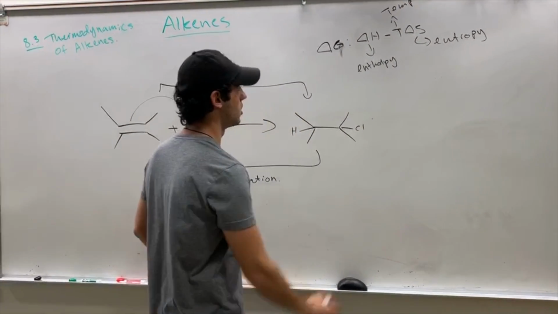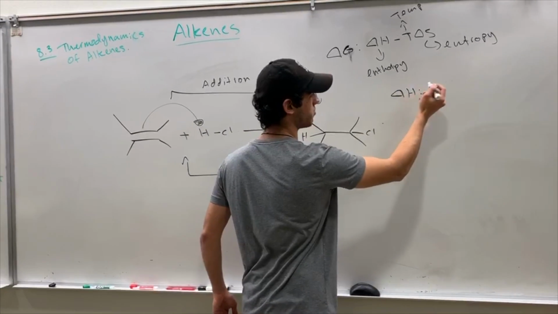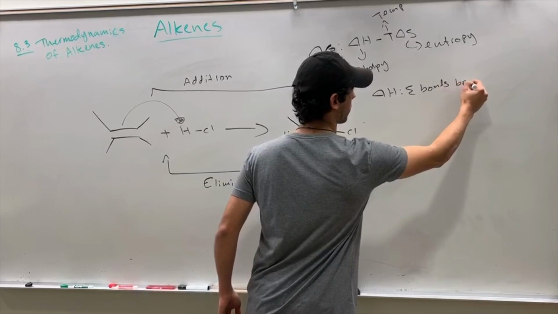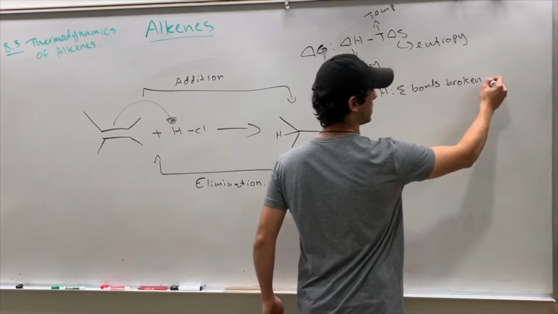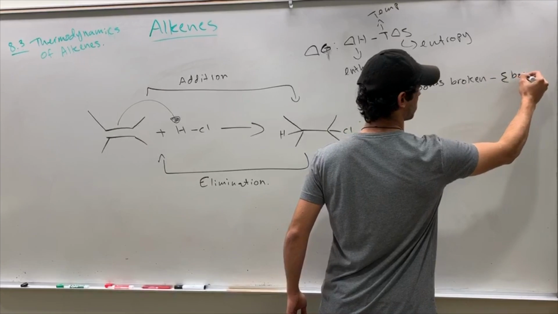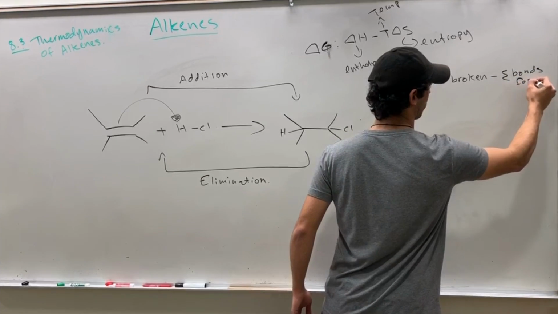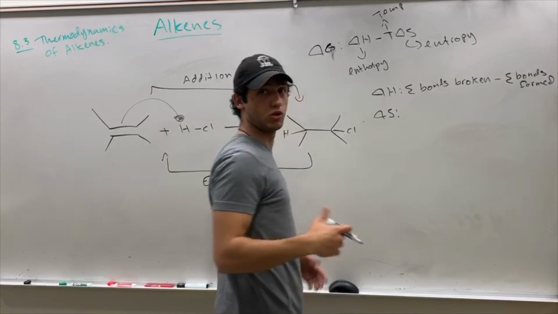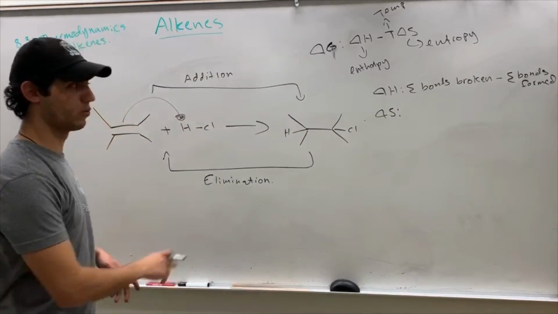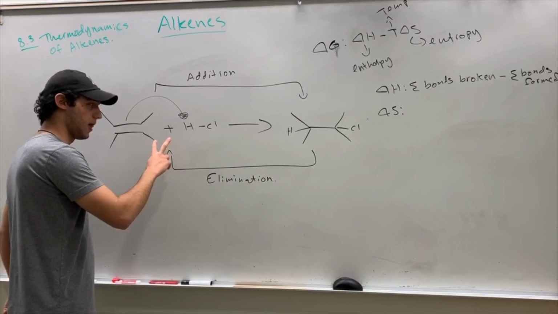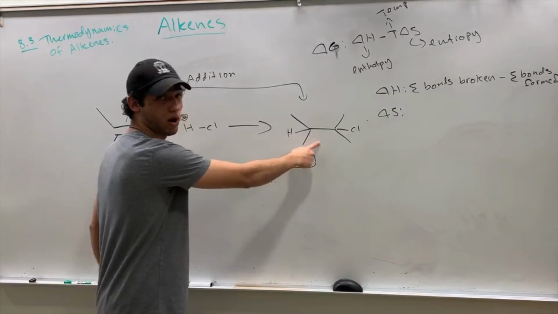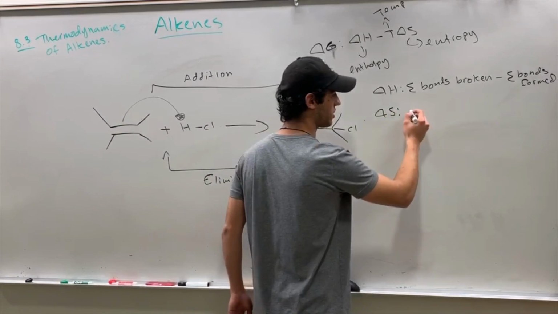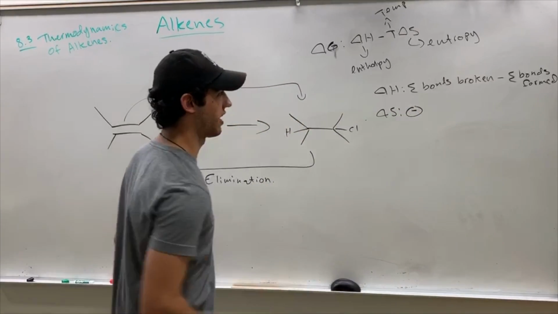Delta H, if you remember, is the sum of bonds broken minus the sum of bonds formed. And delta S is about which one is more disordered or less disordered. We can tell because we're going from two reactants to one product. This is less disordered, so if we remember, less disorder gives us a negative delta S, negative entropy.